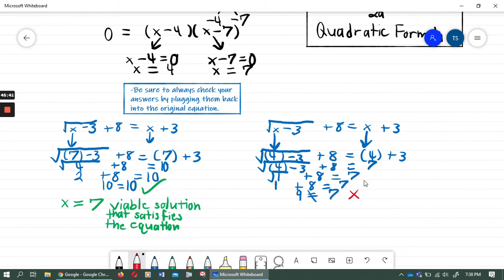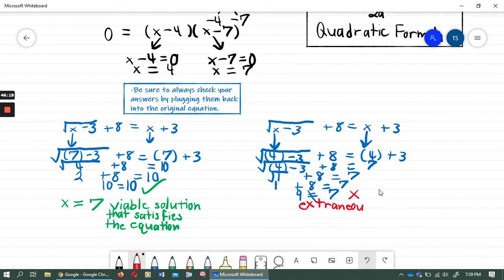But guys, when you get a solution that winds up not working, that winds up not satisfying your equation, we call that type of solution, yes, it is still a solution, even though it doesn't work, we call that type of solution extraneous, an extraneous solution. That extraneous solution is not one that we can actually use. It's not one that's actually viable. It's not usable. It does not satisfy the equation.